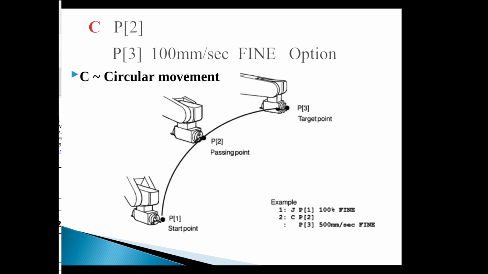So if you wanted to do a full circle, you would actually still have to use either a joint or linear move to get to where the circle is going to start. Then you would have to do a circular move with points 2 and 3, which would take you halfway around a circle. And then you would have to do another circular move to point 4, which would be 3/4 of the way around the circle. And then back to point 1, which would finish the circle.